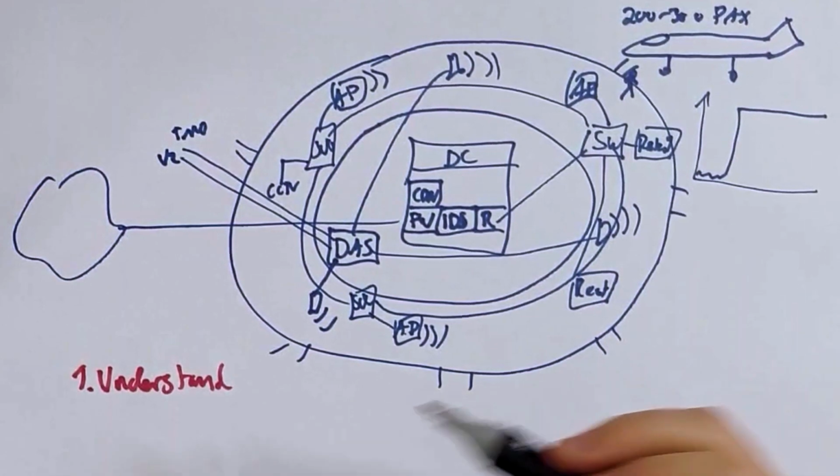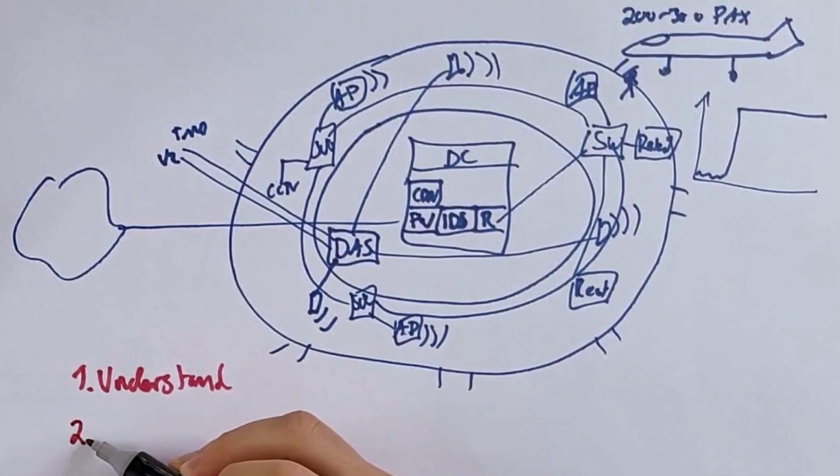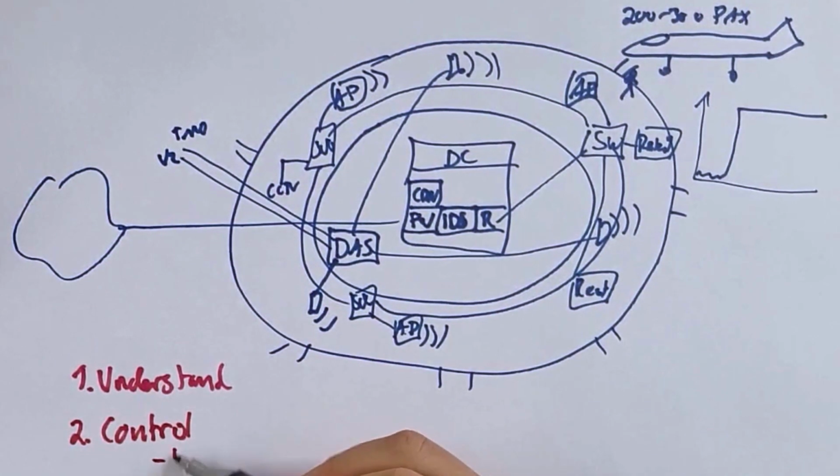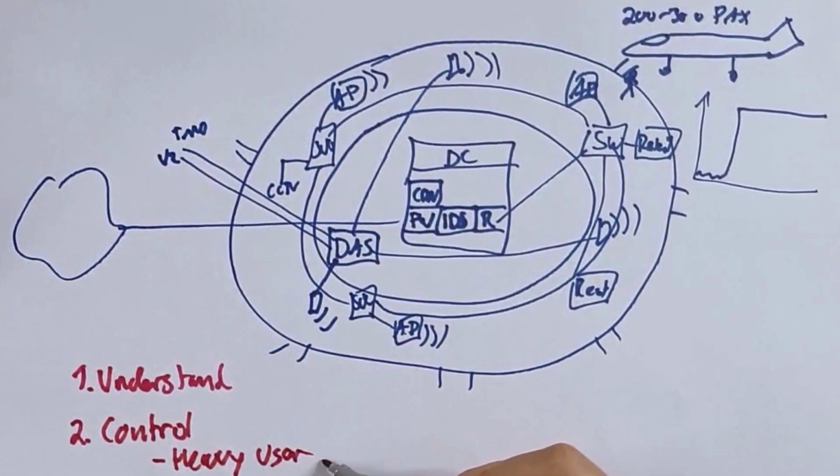That's a good place to start. Number two, control the traffic. That starts with heavy user management. There may be just a few people, like the top 3%, that are consuming a majority of the traffic. So controlling them with quotas or shapers makes a ton of sense.